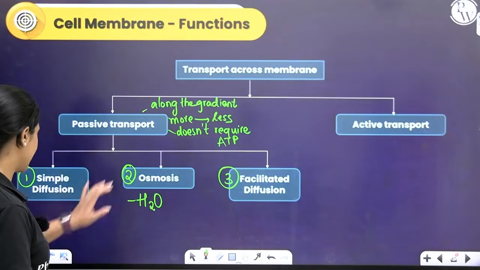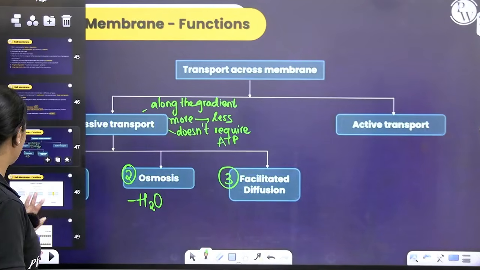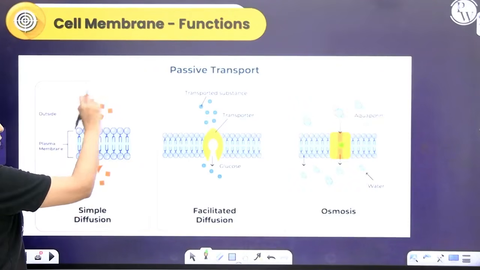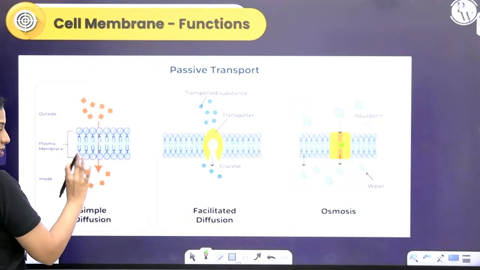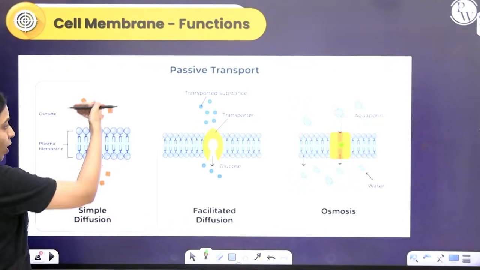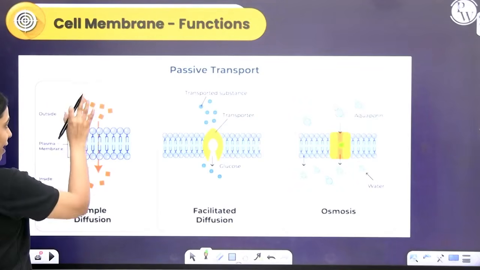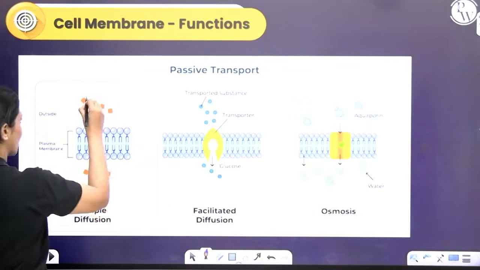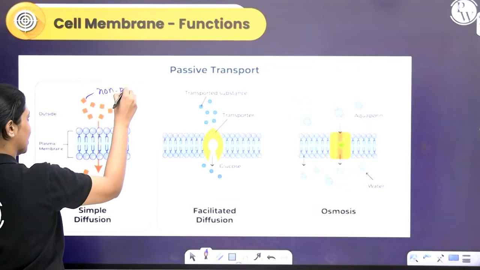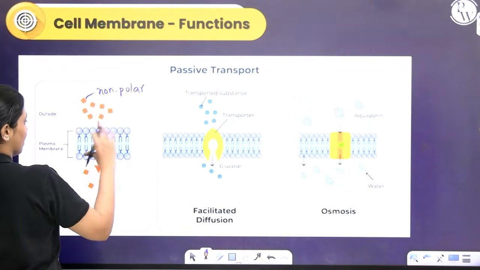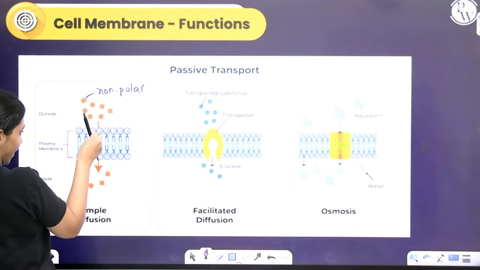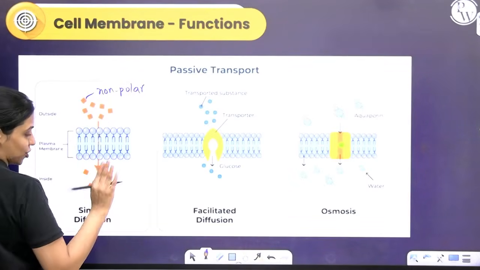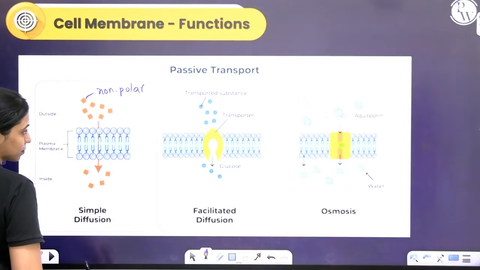Let's see what these three types are first. Simple diffusion: if there are more molecules of one type on one side and less on the other side, because of the concentration gradient, if these molecules are non-polar, then by dissolving through the phospholipid bilayer, they can reach the other side of the membrane.